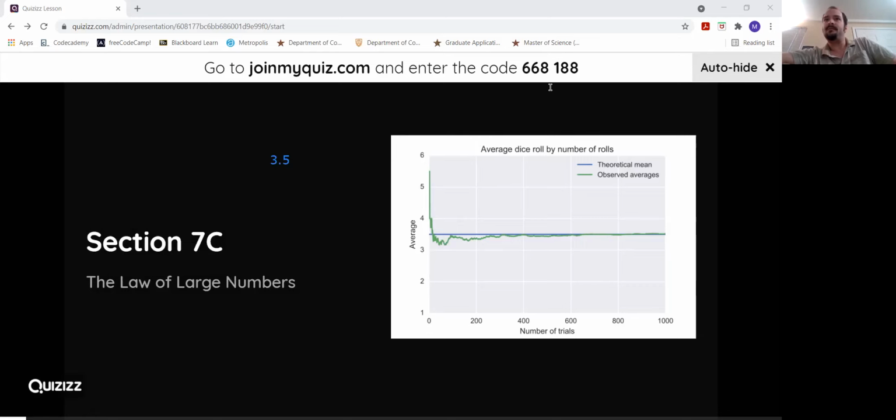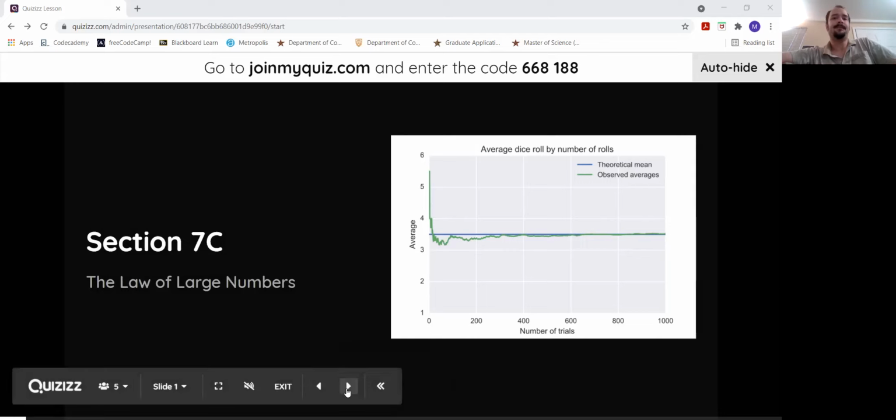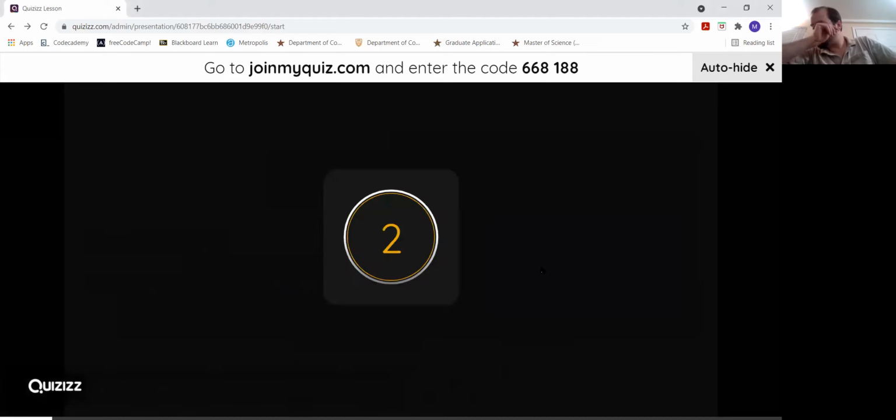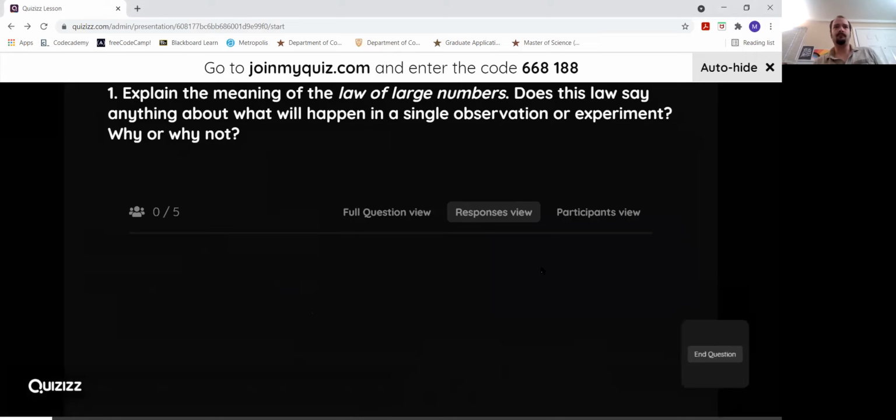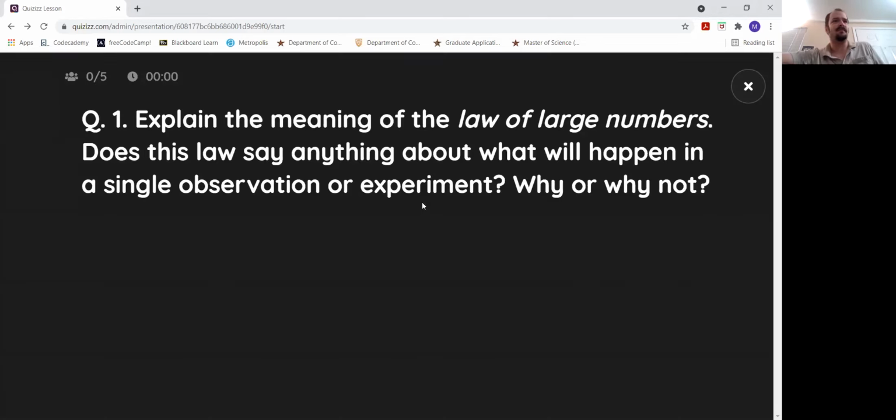And so, well, I guess we'll just jump into it because this is the first question. So at first it might be off, but the law of large numbers says that as we do more trials, it should be getting closer and closer. So what are they saying? Explain the law of large numbers. Does this law say anything about what will happen in a single observation or experiment?